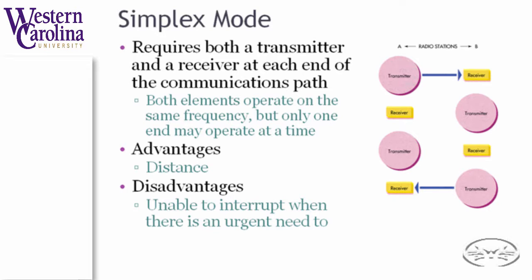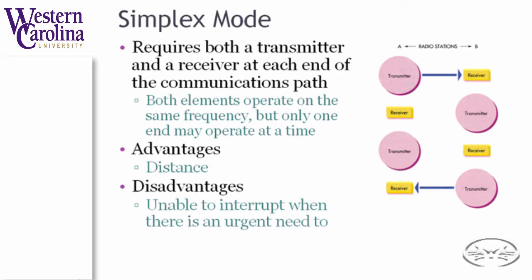Quite often, the advantage of these type of radio systems is that they're either low frequency or ultra high frequency, which gives them a whole lot longer range than UHF radios. The disadvantage, you're unable to interrupt.